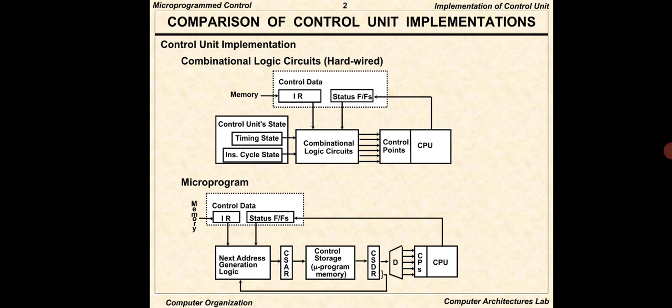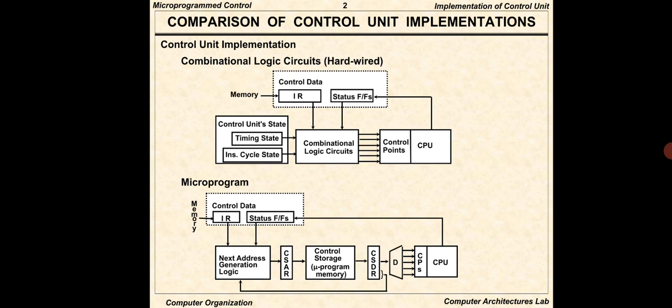Next, the instruction cycle state gives you the information about whether at present you are fetching the instruction, decoding the instruction, or executing the instruction. Based upon that, you have the instruction cycle state. So this state gives the information to the combinational logic circuit.